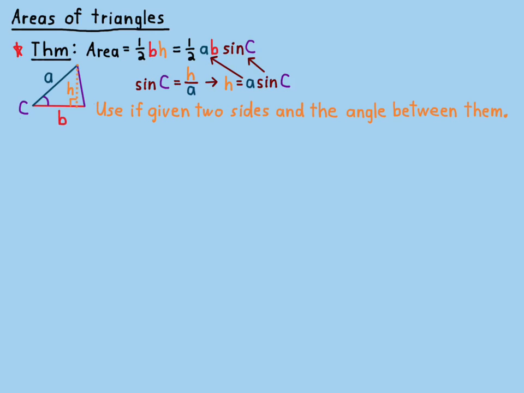If you're given the base and the height, you just use 1/2 base times height for the area. But if you're given the two sides and an angle between them, you can always use this to find the area.